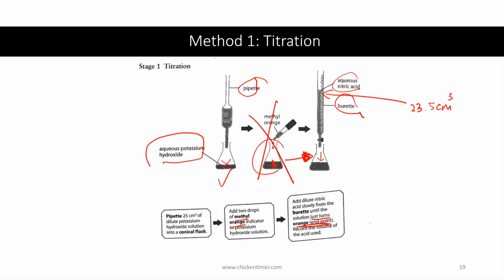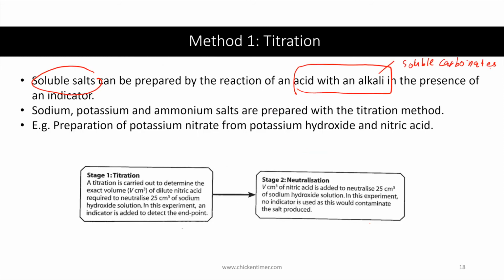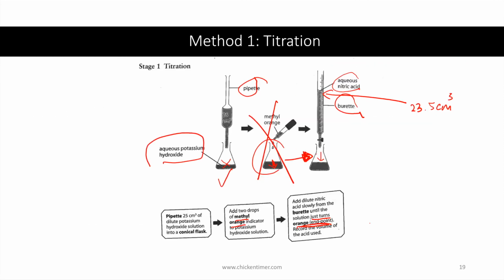Okay, so I have one question for you. What is the name of the salt that is produced in this titration? Potassium nitrate. Okay. So what if I want to produce ammonium chloride using titration method? Which acid should I use?